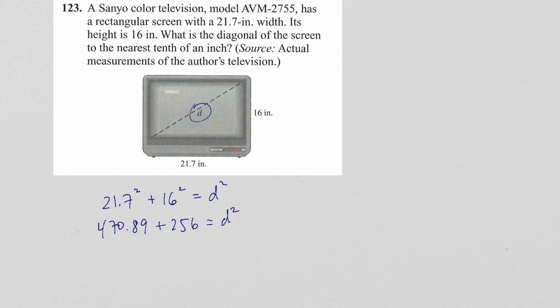So this adds up to 726.89. So d must be the square root of 726.89, which, just using a calculator, is 26.96.